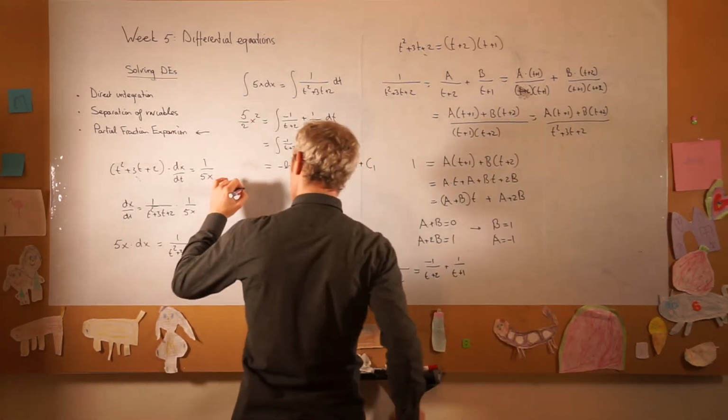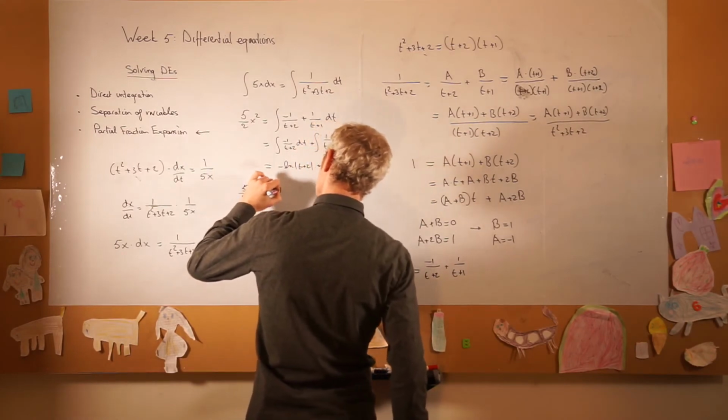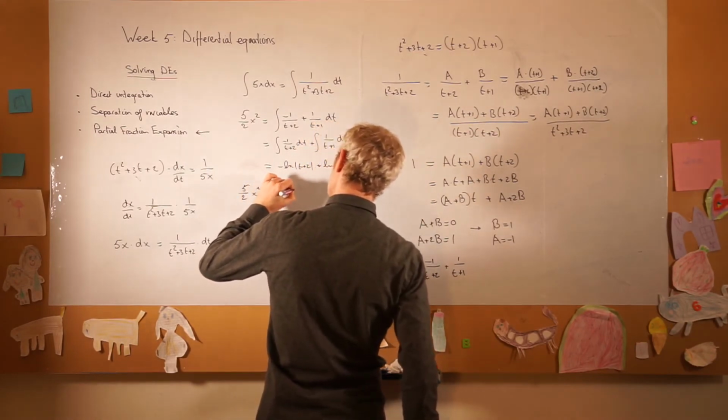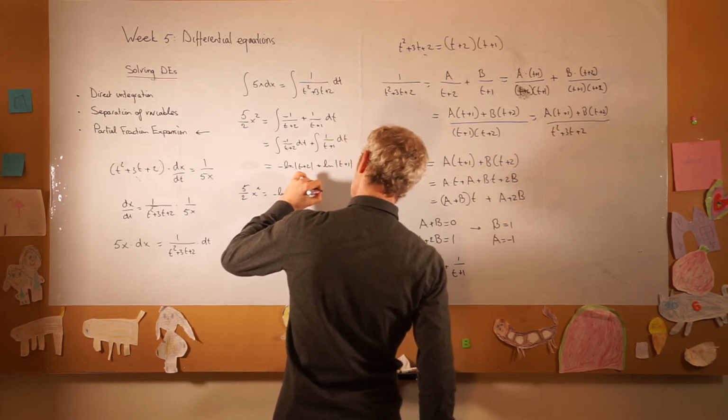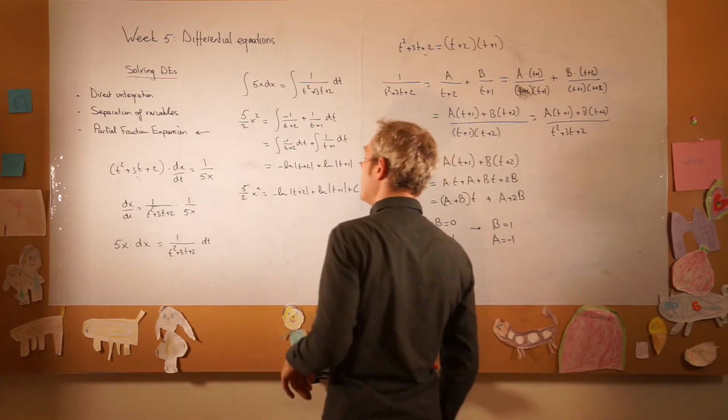So we have 5 over 2 x squared is equal to minus ln t plus 2 plus ln t plus 1 plus C1.